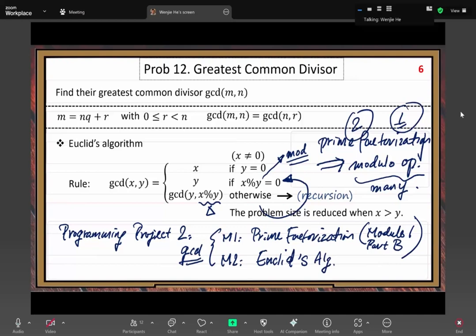So in this project, you need to implement these two algorithms, then you compare. But when you do comparisons, you need to apply them on relatively big integers. I do not ask you to work on large integers with thousands of digits.